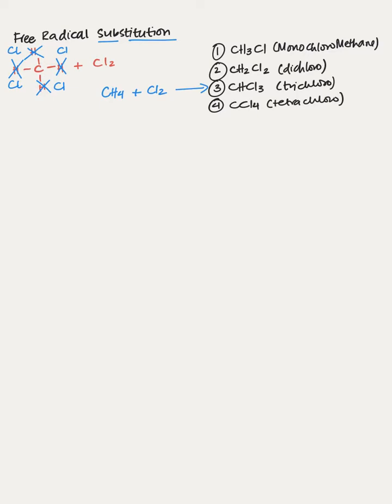Now, how does this happen? How do you obtain these products? So with CH4 undergoing free radical substitution with Cl2, it can give 4 possible products. How does it happen? It begins with initiation. Initiation is a process by which a Cl2 molecule will break into 2 Cl radicals.